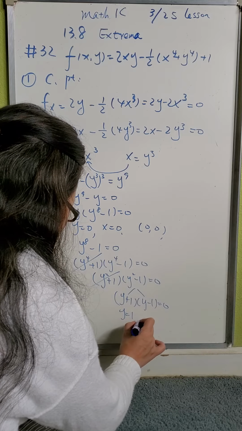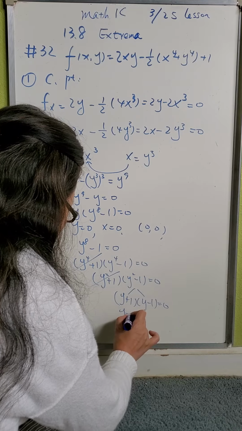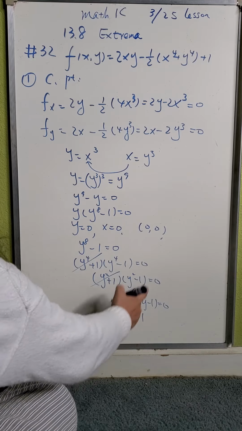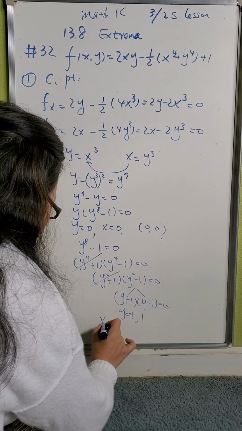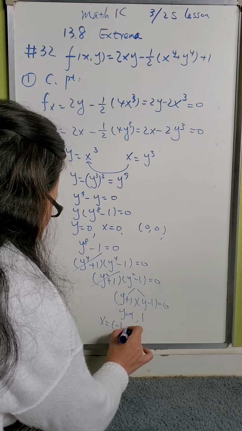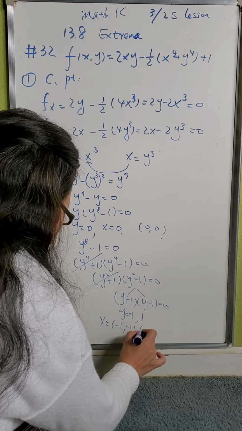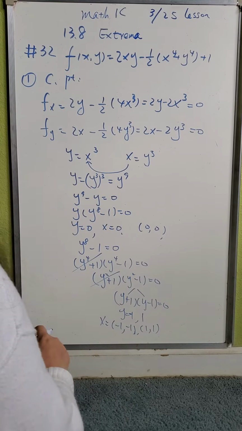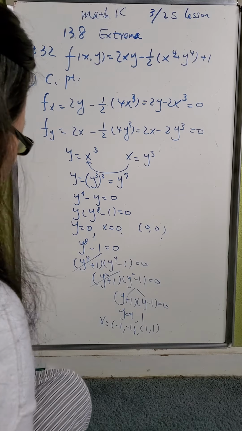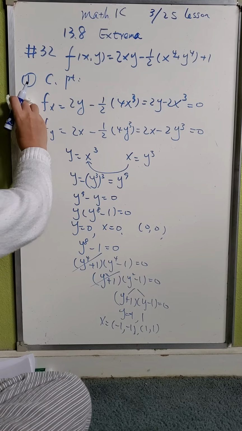So y is equal to 1 and negative 1. Then you put it inside the x. Your x will become negative 1 also, and then positive 1. So you're going to get 3 possible critical points. So now I'm going to erase this one.